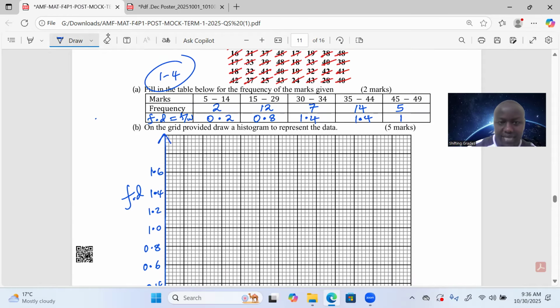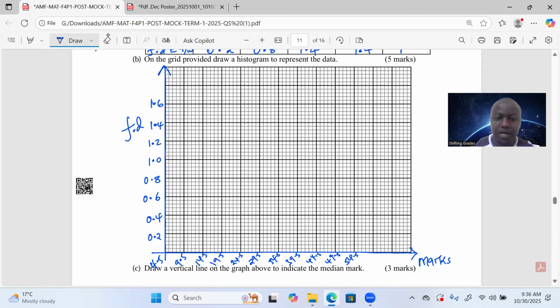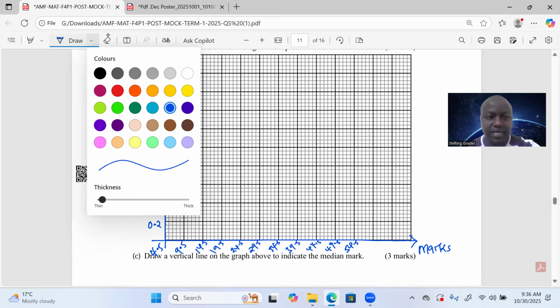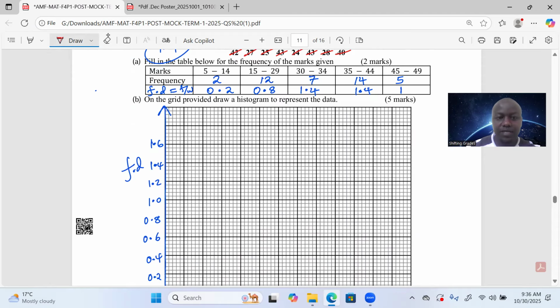So the first class starts from 4.5 to 14.5, and the height is the frequency density, so the height shall be 0.2.